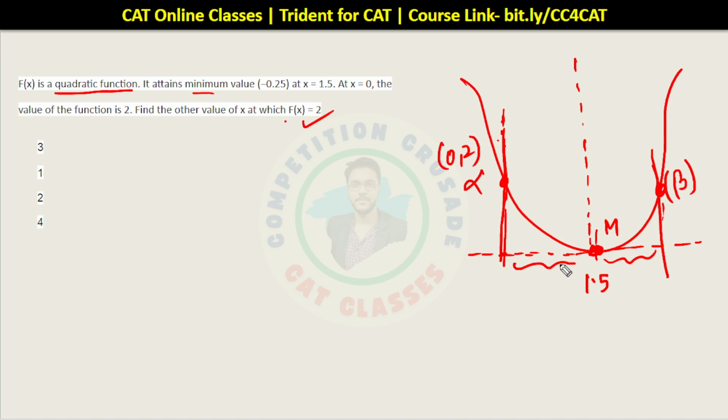All you need to tell me is what this distance is going to be. This point is already 1.5, so the distance that you will add to it is 1.5 only, because 0 to 1.5 is 1.5. You will add 1.5 to it, so the coordinate will be, not 0, sorry, it will be (3, 2). Okay, I hope that made sense.